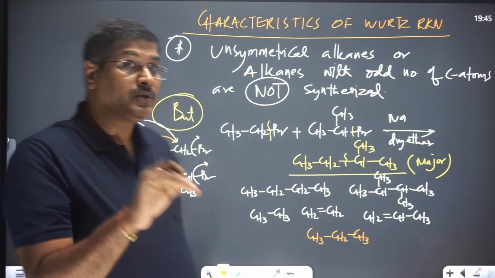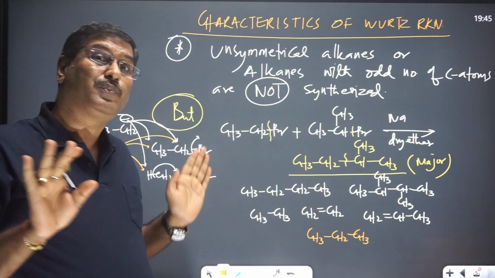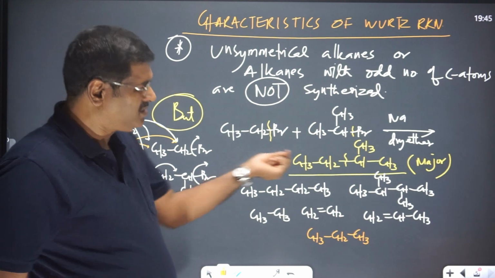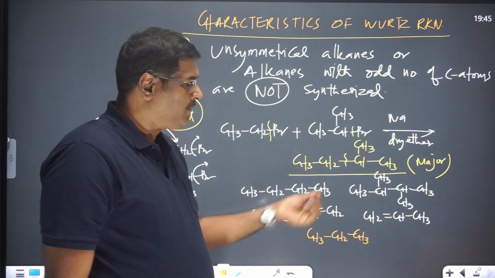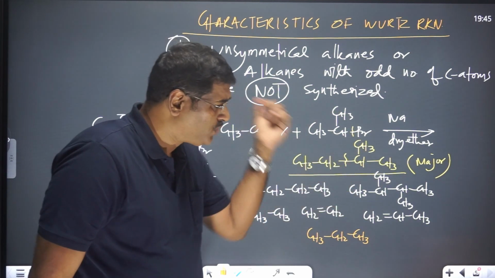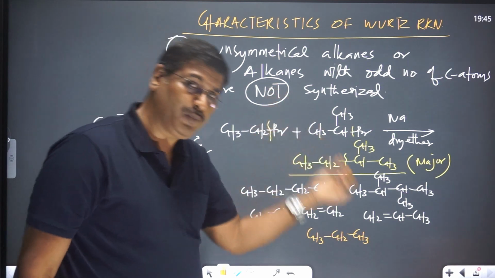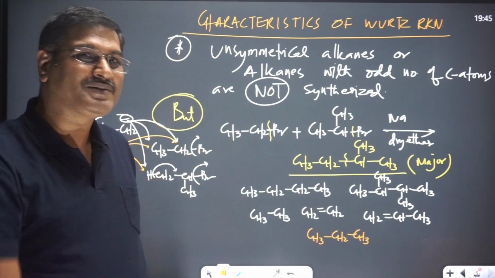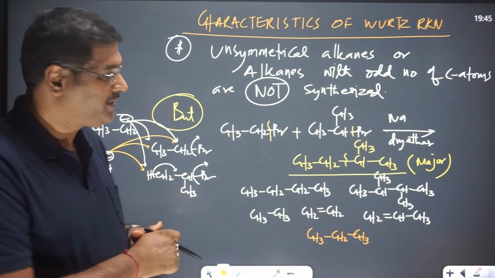This time there is one question: which of the following is not a possible product in this reaction? Yes, this is a possible product. This butane is a possible product. This 2,3-dimethylbutane is a possible product. Ethane is possible, ethene possible, propene possible, propane possible, pentane not possible, hexane not possible. Right?